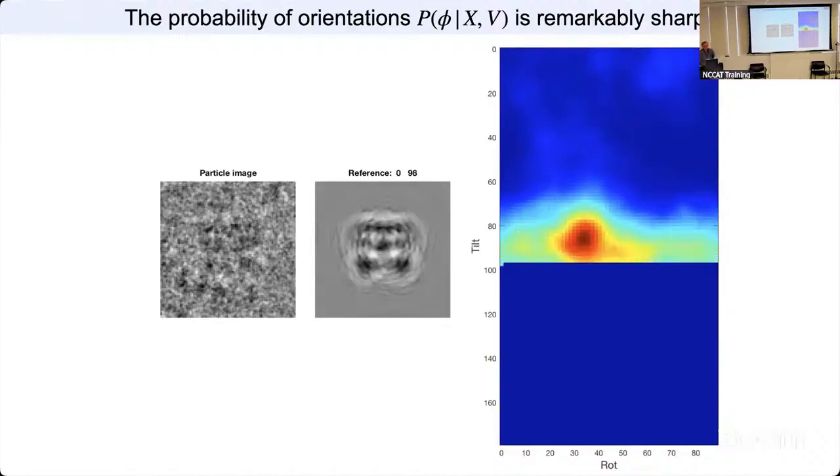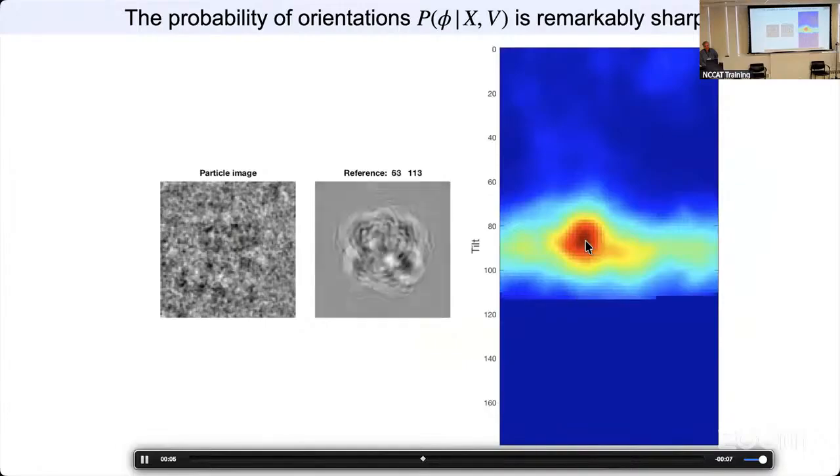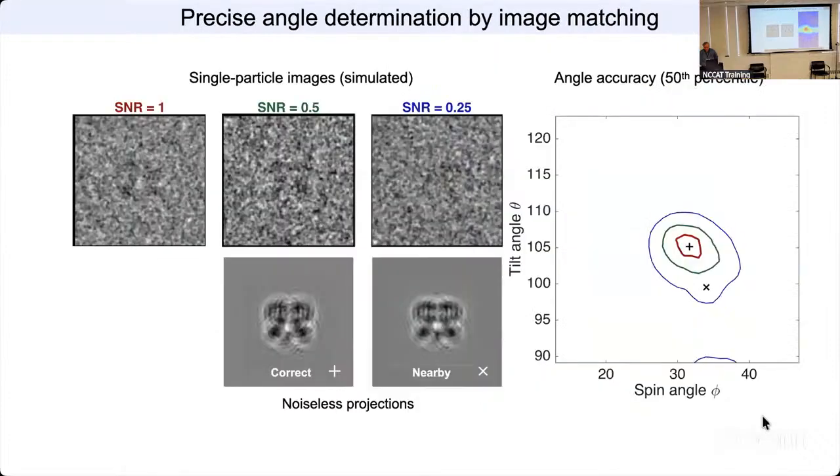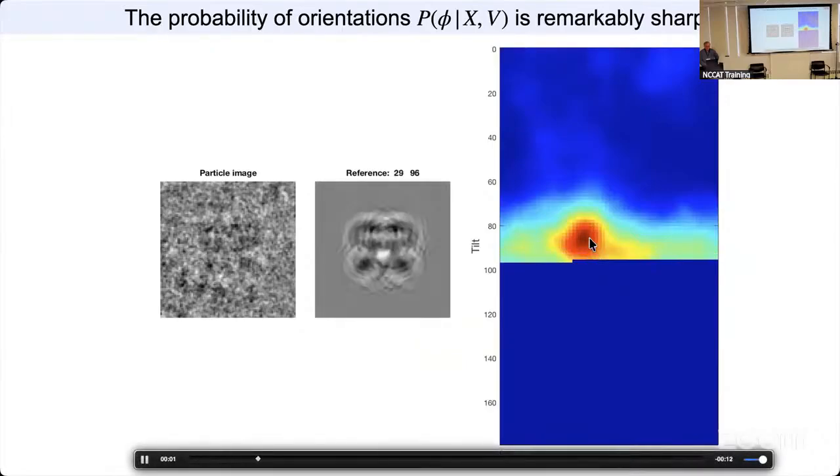What is remarkable is that there is a pretty clear peak in the image matching at a particular pair of angles, this much tilt and that much spin. I can't make the little bar go away, but the match is really good.